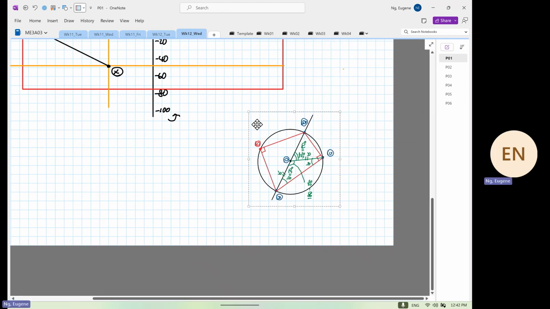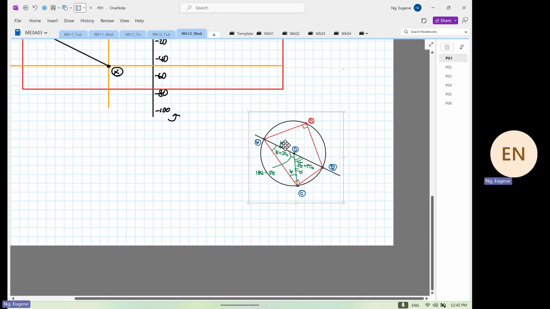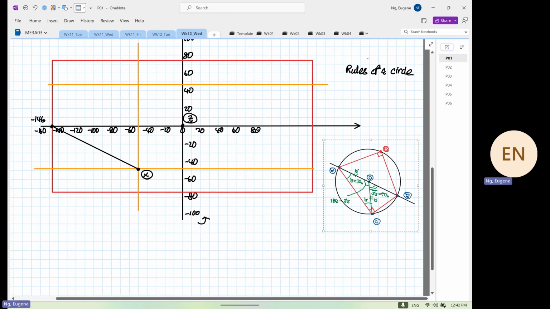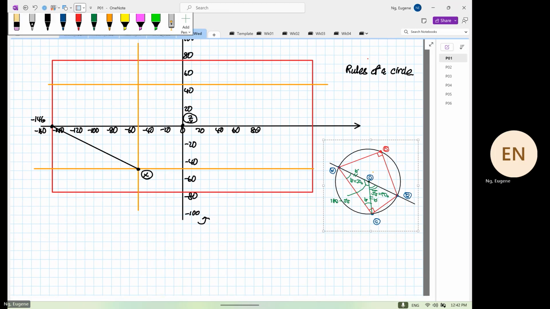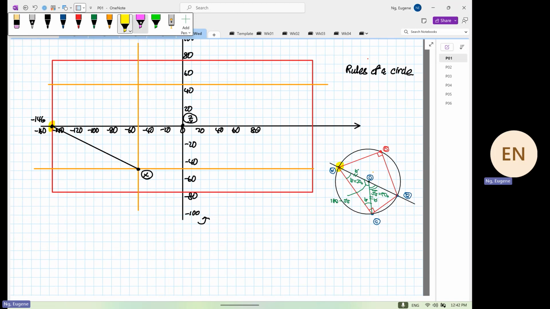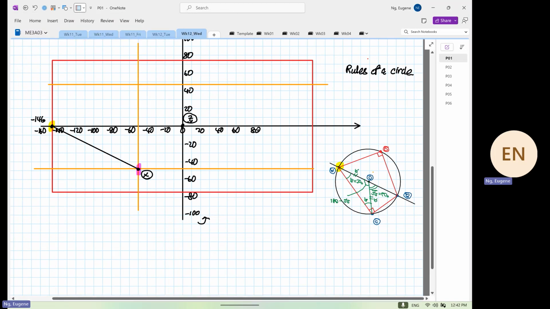This is very bad. So I want you to visualize this. Can you imagine if this point is here, and then this point over here is here?